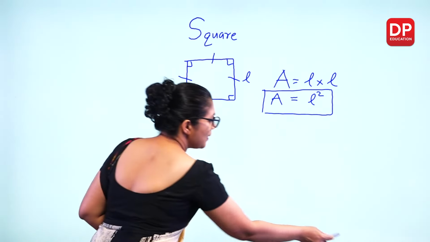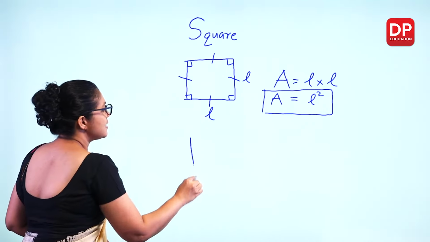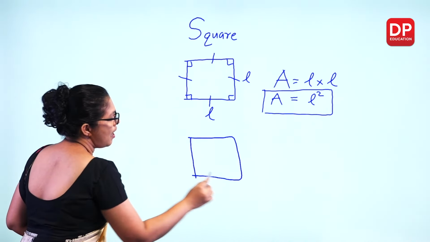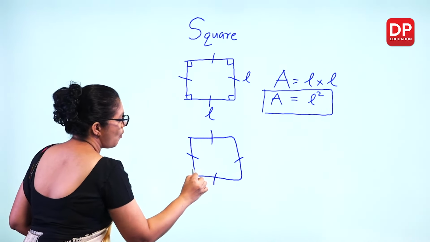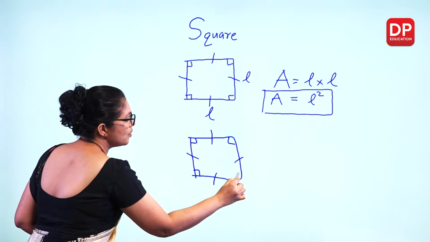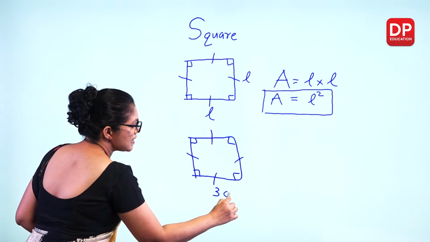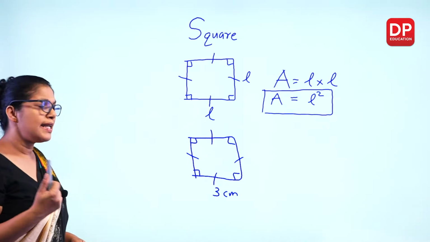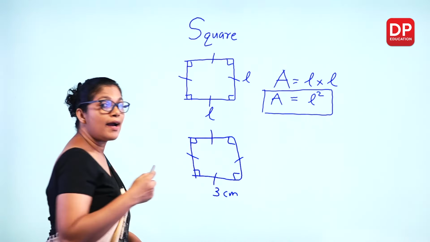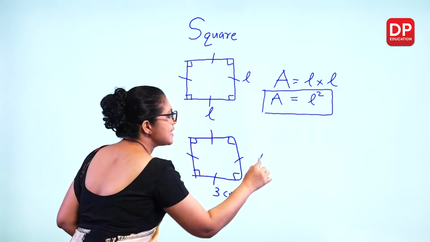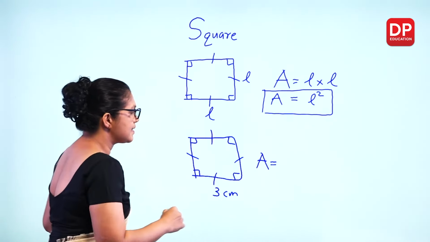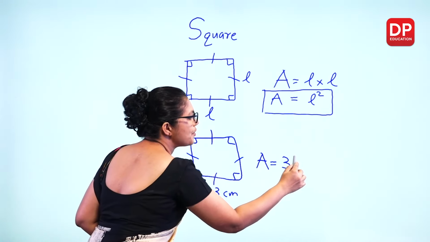We'll take an example. We'll take a square with one side equal to 3 centimeters. You know the length for this square is 3 centimeters. So what's the area? Area is 3 times 3 or 3 squared.